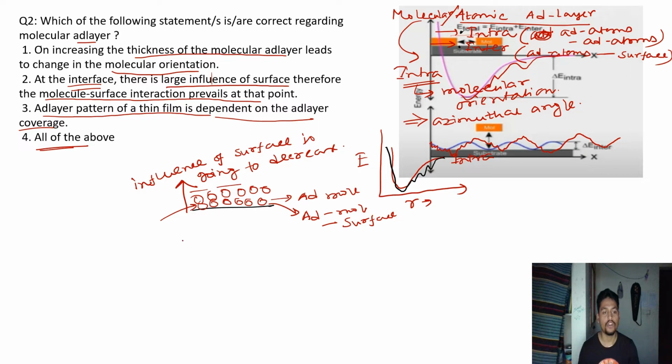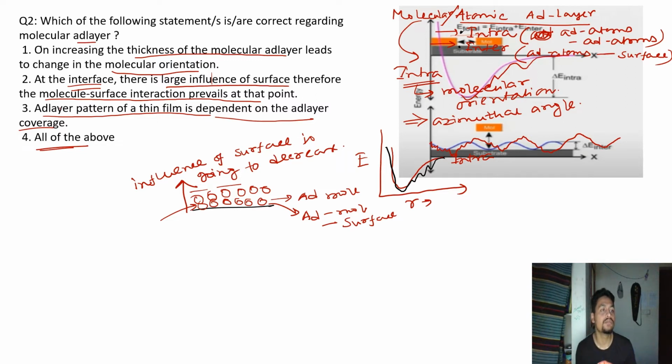The surface molecules and ad molecules try to orient themselves in a manner in which they will have more interaction. But as we go to the top and the thickness increases, the surface influence will be lesser, so the molecule will behave the way it behaves in the bulk.